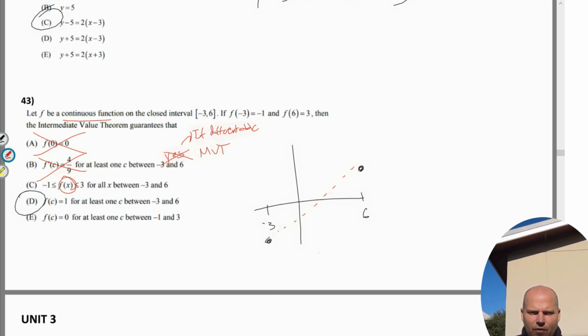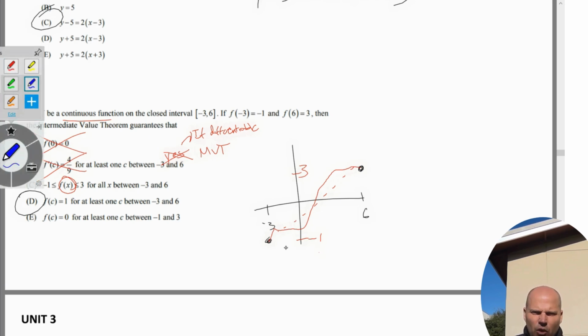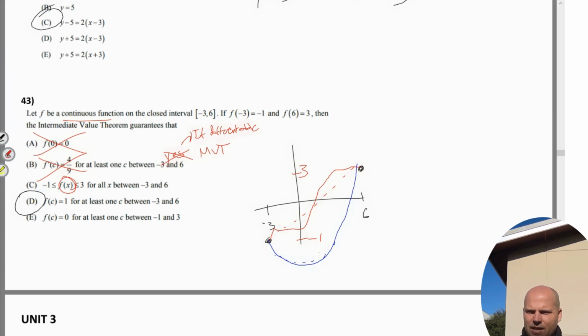Well, yeah, probably they'll be between -1 and 3, but you don't have to be. Your 2 points can be connected like this, and here are y values that are less than -1. So this is not necessarily true. If you go below -1 or above 3, then your y values are not all between -1 and 3.